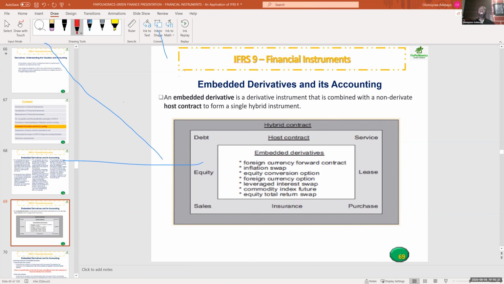It means if it's not inflation adjusted, probably you'll be paying 5 million every year for the next 5 years as a lease. But as a lessor, I'm looking at it that inflation is rising every day in Nigeria. Therefore, 5 million today is not the same thing as 5 million you pay me in 2 years' time, or in 5 years' time.